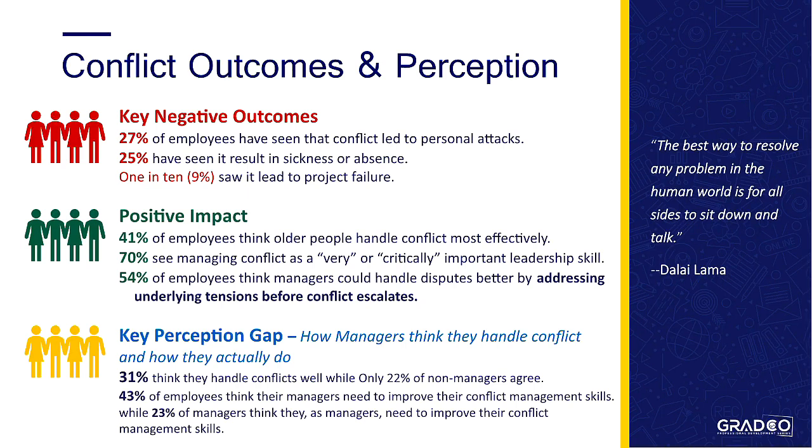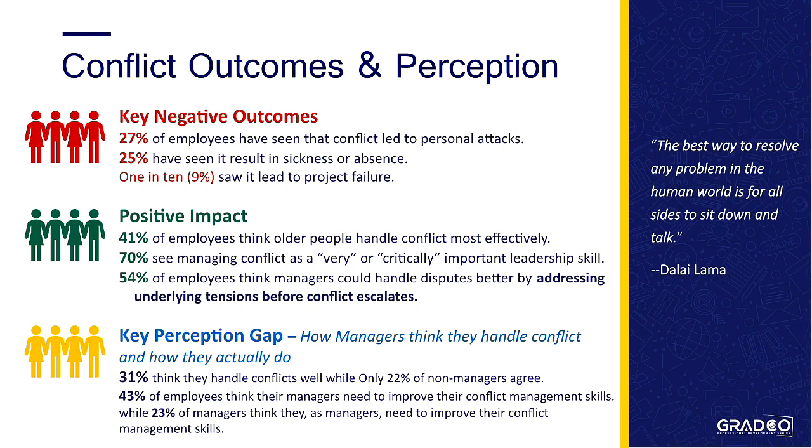So it may start as a workplace conflict about something work-related and turn into more personal critique or personal conflict over time. And then positive impact, for example, 70% of employees see managing conflict as a very or critically important leadership skill.